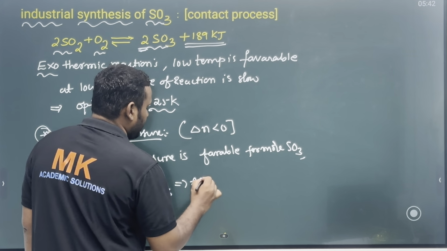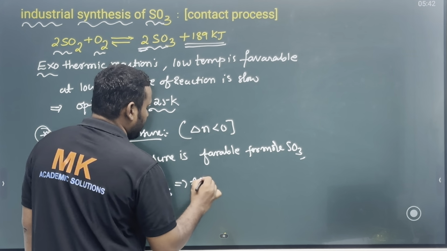Due to the acidic character, the towers are going to corrode at high pressure.